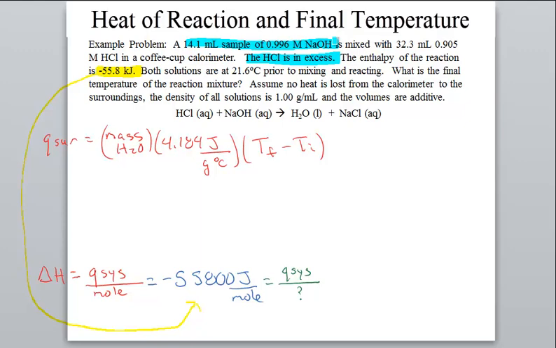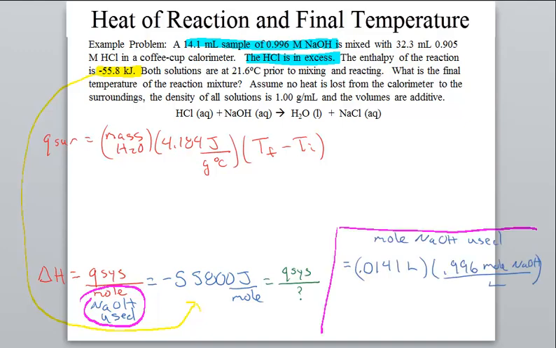So with that volume and that concentration of sodium hydroxide, we can figure out how many moles of sodium hydroxide actually reacted. If 1 mole was used, 55,800 joules would be released. But we need to figure out exactly how much reacted.